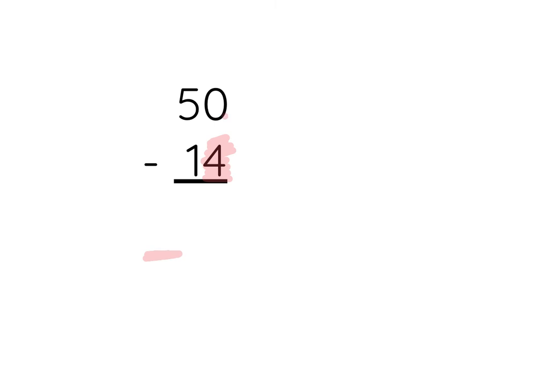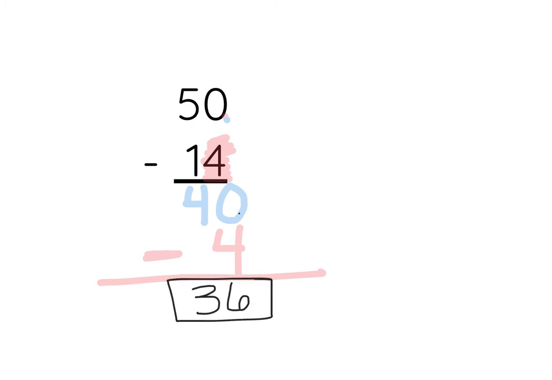So let's work it out. 50 subtract 10 equals 40. 0 subtract 4 equals a negative 4. 40 subtract 4, I know my partners, so it's 36.